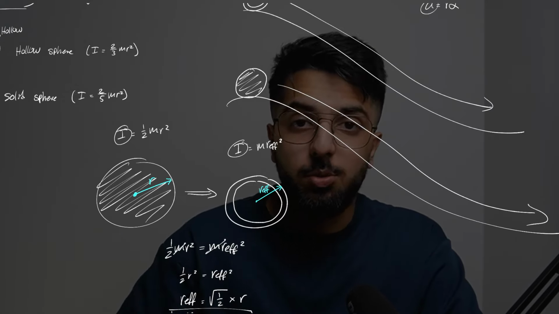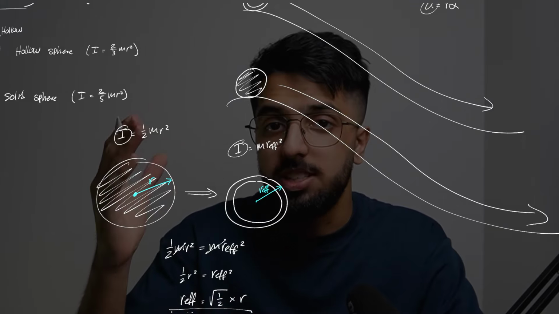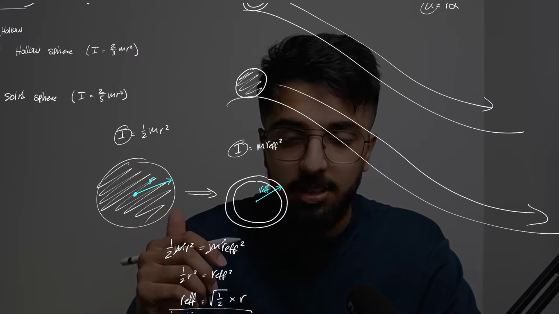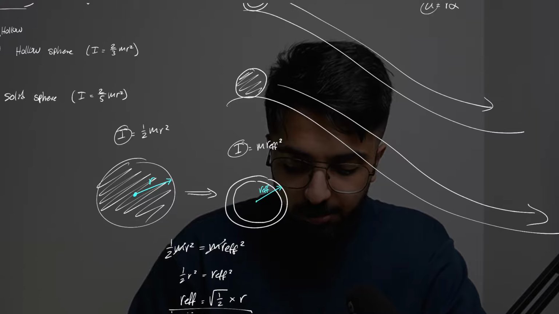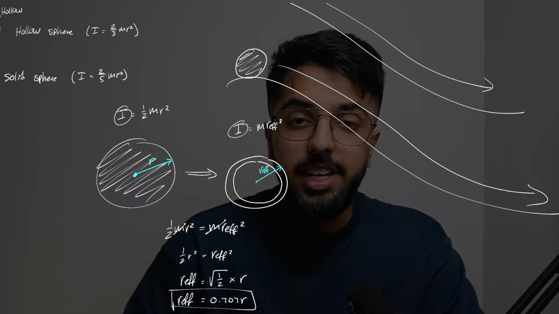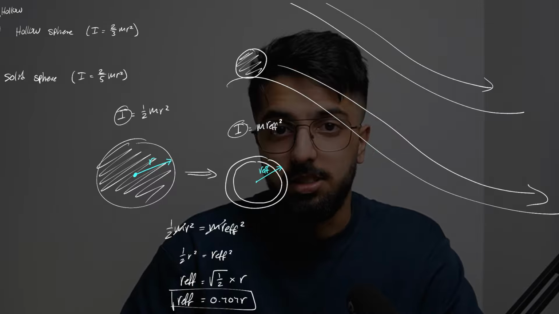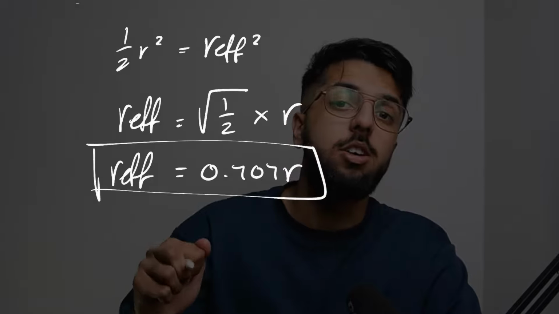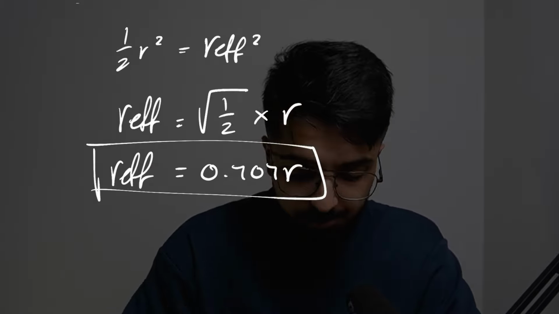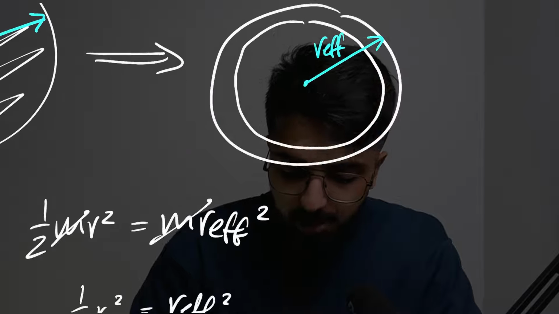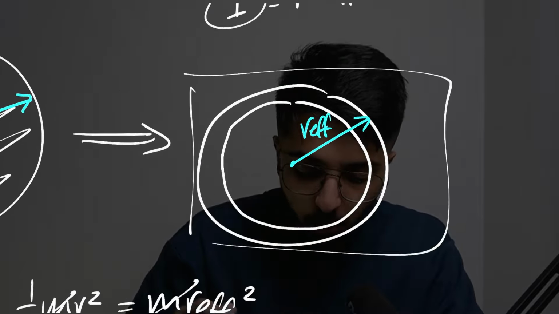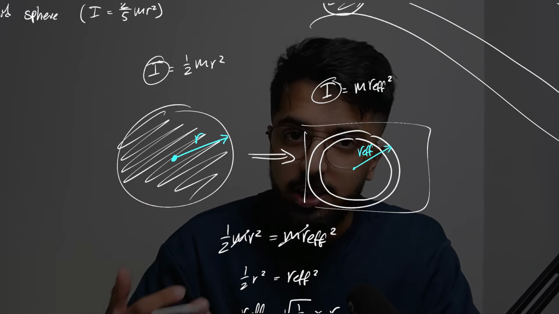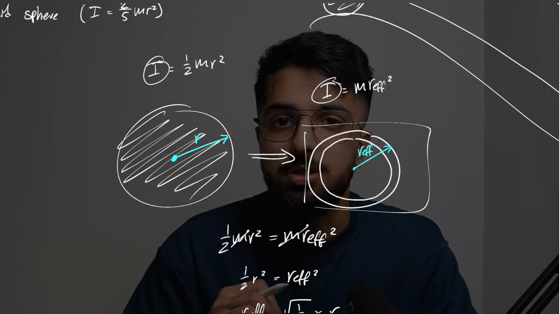So in an excellence question, when we say we are going from a hollow cylinder to a solid cylinder, and we say our effective radius has decreased, what we're saying is, if we were to model that solid cylinder as a hollow cylinder, the equivalent radius would be a fraction of our original radius, okay? So remember, this is purely a model, okay? We are not replacing the solid cylinder with this. We are modeling the solid cylinder as a hollow cylinder.